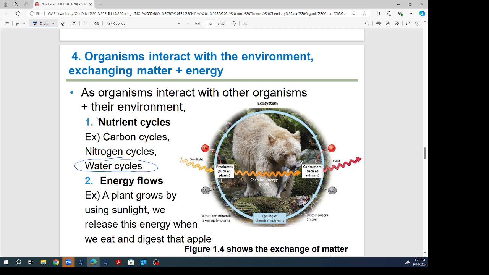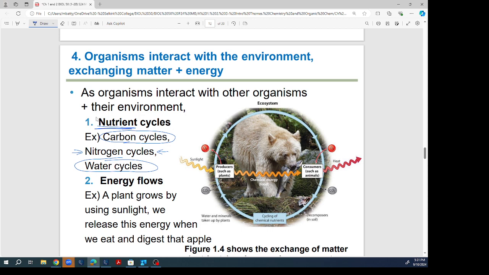Water is continually reused and filters through our environment and is used by animals and plants. Carbon cycles, sometimes we get in there with our composting and adding to the soils in our gardens, right, that the plants are using. Nitrogen cycles, some plants are nitrogen fixers, which makes it available to plants, and some use that nitrogen. Nitrogen is in a lot of fertilizers. So these are all nutrients that cycle through from organism to environment.